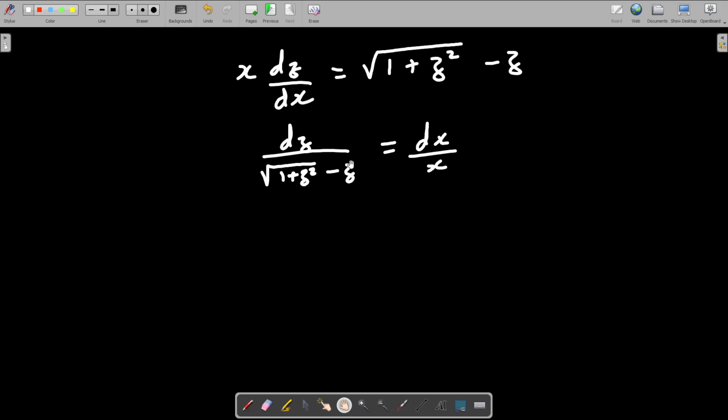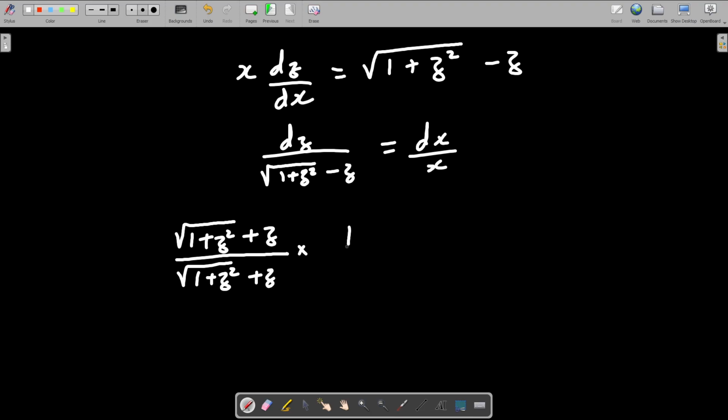What I studied in school I'm talking about. Yeah, so we'll rationalize this thing, no? So what is the rationalizing factor involved here? So I'll take root of 1 plus z square plus z divided by the same thing. So I'm basically multiplying by 1 only into my equation, right?